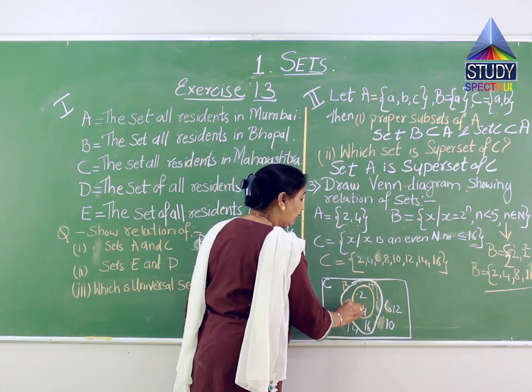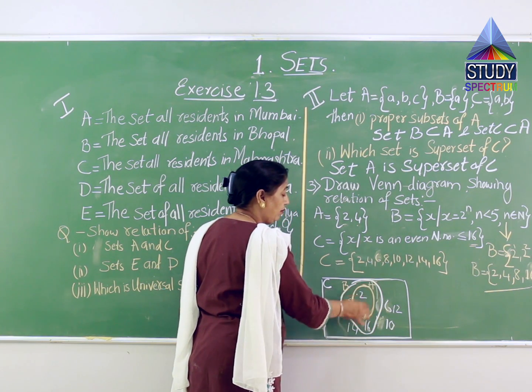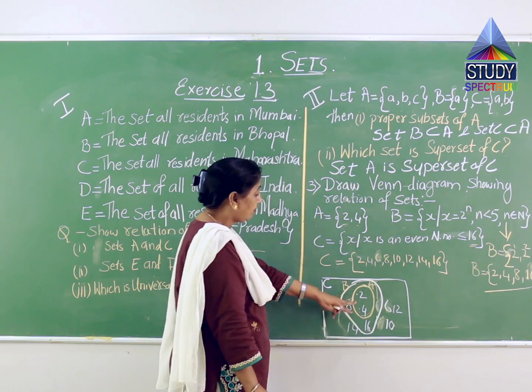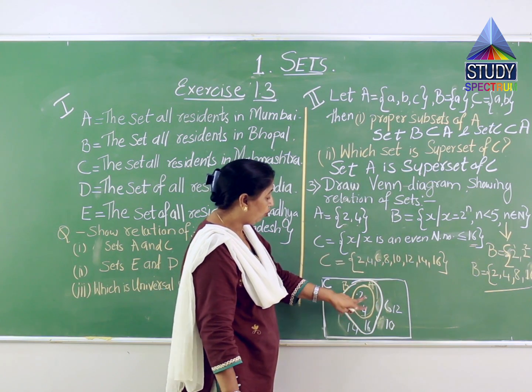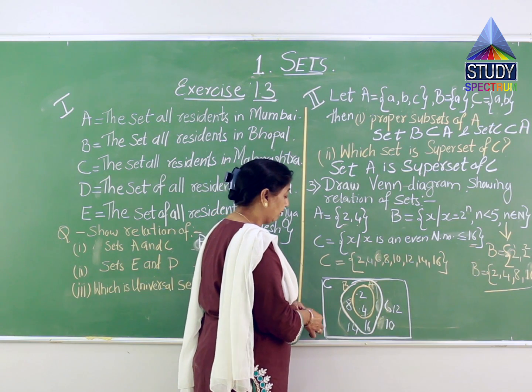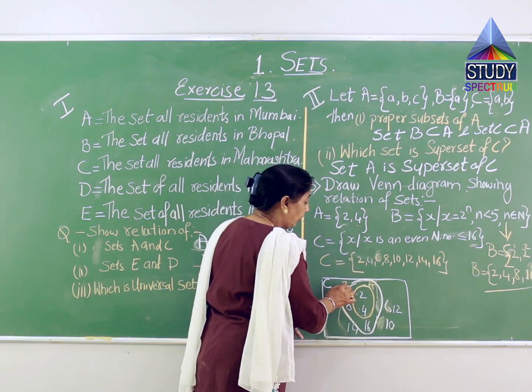So I can show this in a Venn diagram by drawing a circle. These elements are there in A, so I give the name A, and then the elements in B are 2, 4, 8, 16. So I can draw another circle and give the name B.